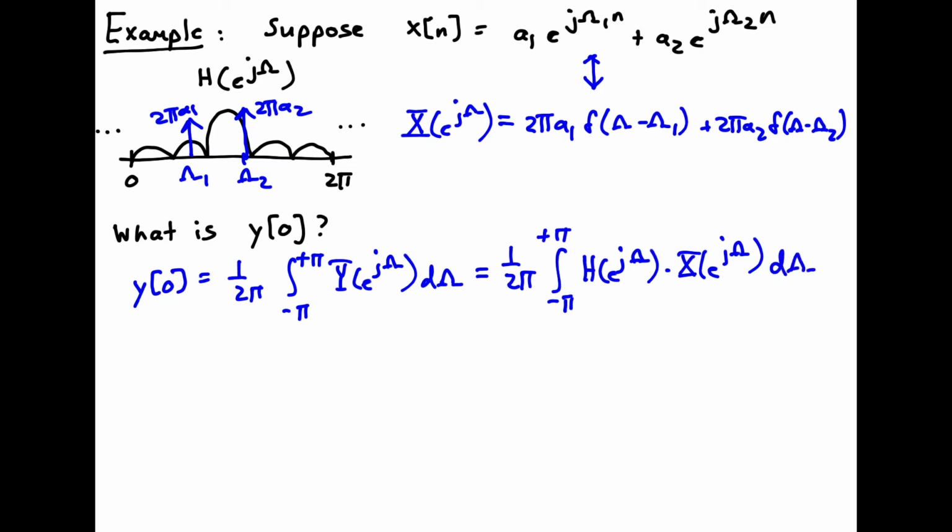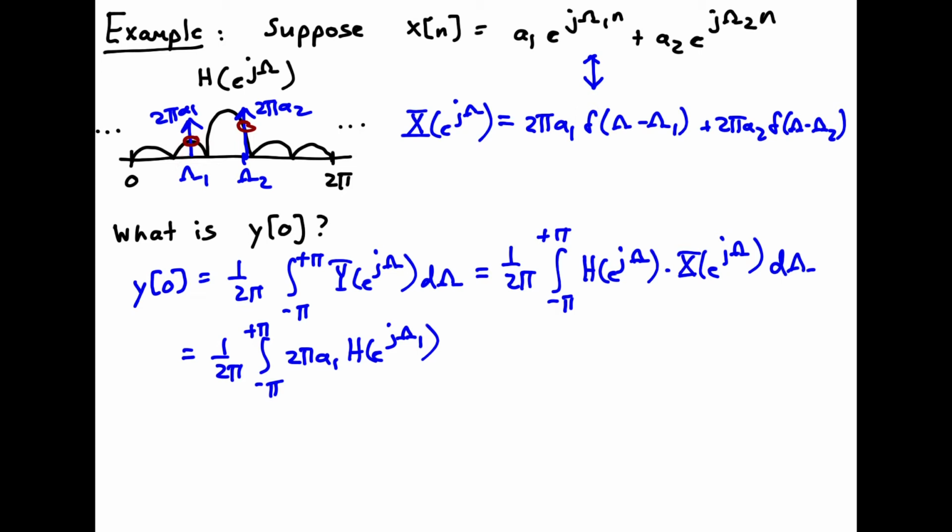Okay, well, it's straightforward to multiply the delta functions by h of e to the j omega, right? I'm going to get 0 everywhere except at the delta function, and then the delta function is going to be scaled by whatever the value of the frequency response is at the frequency of the signal. So I'm going to get 1 over 2 pi, the integral from minus pi to plus pi. It'll be 2 pi a1 times h of e to the j omega 1. That is the value right here.